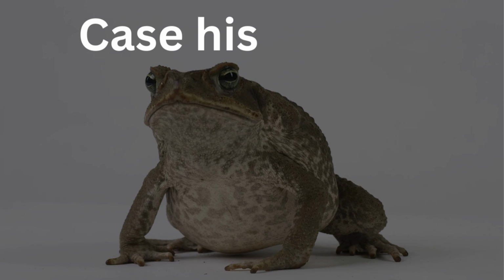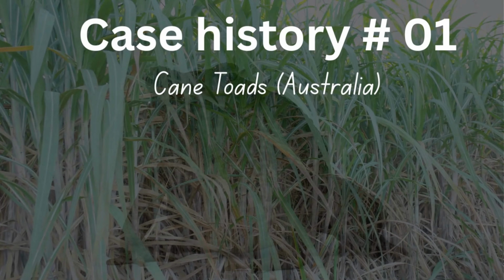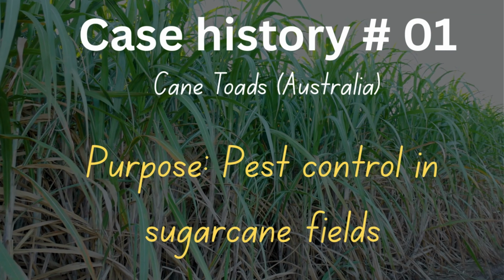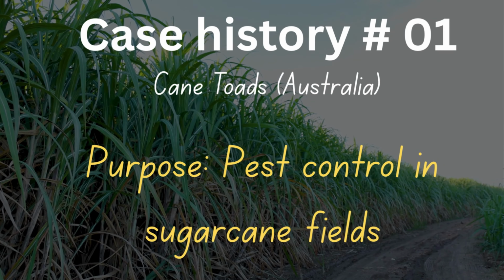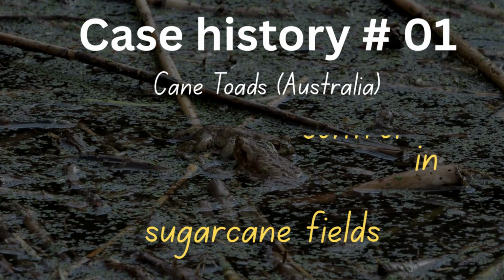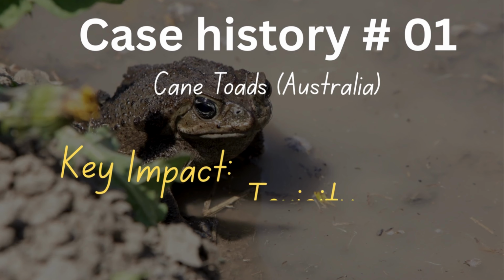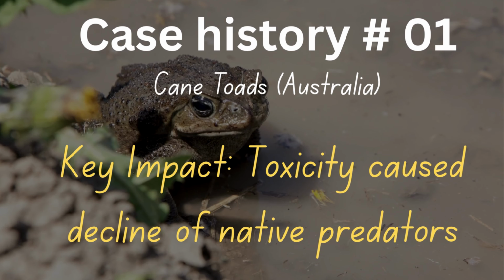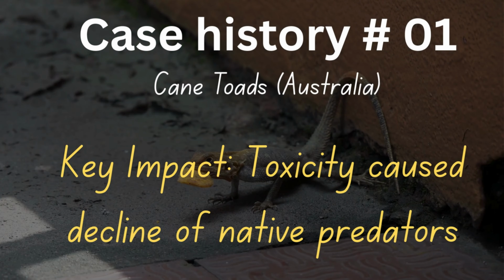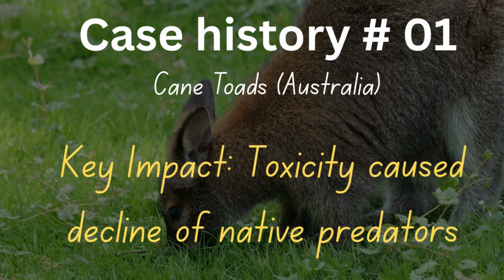In 1935, cane toads were deliberately introduced into Australia to control insect pests in sugarcane plantations. However, the toads failed to reduce pest populations. Instead, they spread rapidly across northern Australia. Cane toads possess toxic skin secretions, which proved lethal to native predators such as snakes, lizards, and marsupials that had no evolutionary resistance to these toxins.